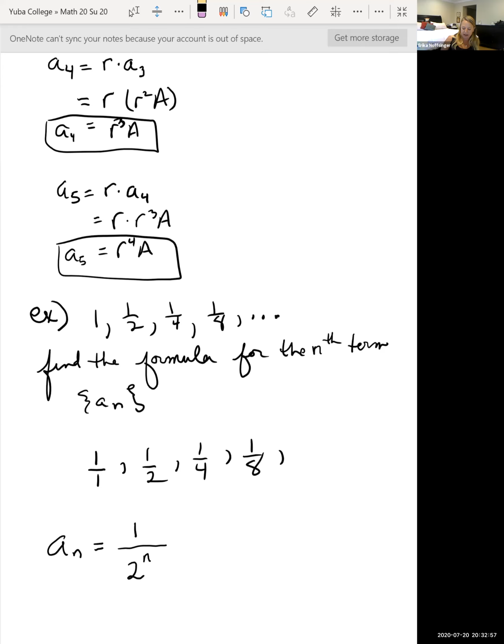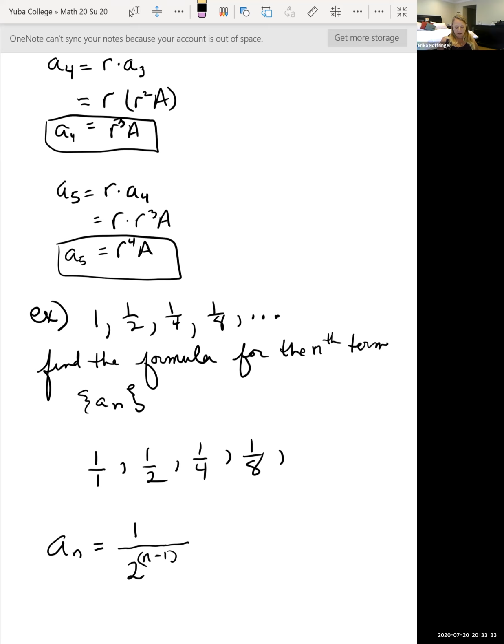If I plug in n equals 1 here, that gives me a 2, and that just gives me 1/2, which is actually my second term. So in order to compensate, I subtract 1 in my exponent, and now if I plug in 1, 1 minus 1 is 0, and anything other than 0 raised to the 0 power is 1. That gives me the 1 in the denominator, which I needed. And so it would work out now.